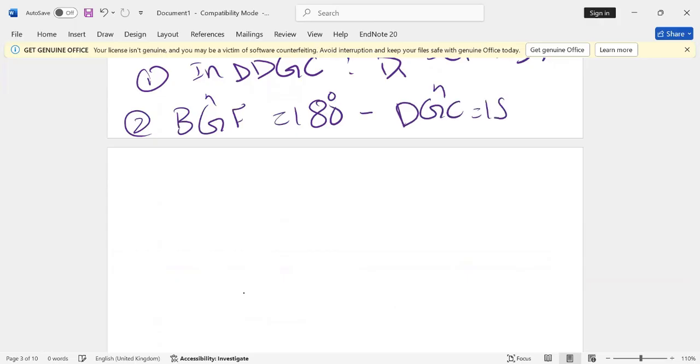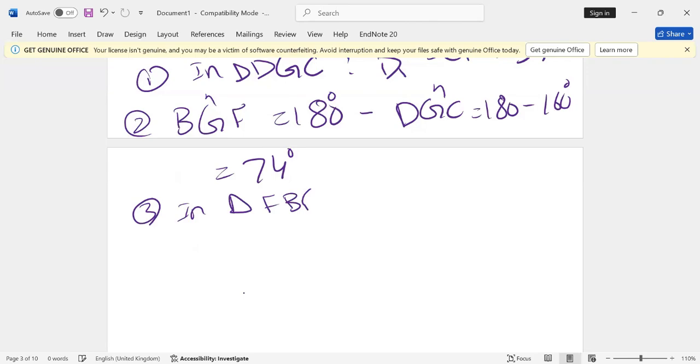And we say that 180 minus 106, that is equal to 74 degrees, right? And in third point, we have in triangle FBG, B1 equals 37 degrees. That is, we have a radius FB equal to 20.